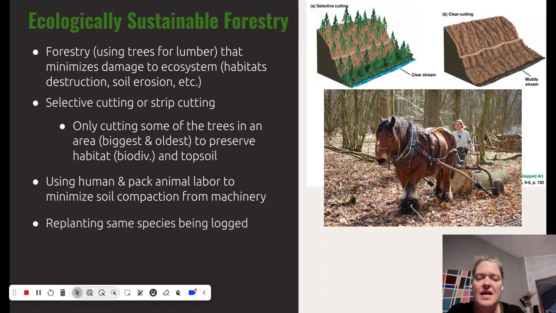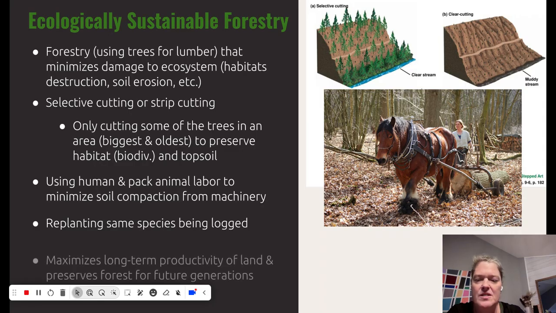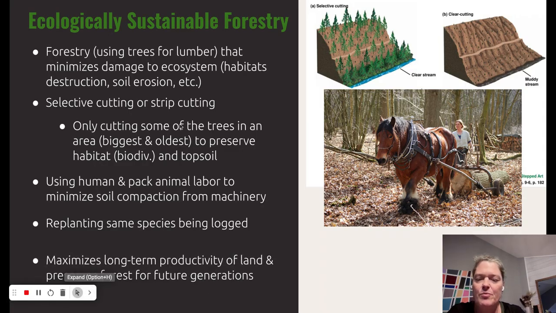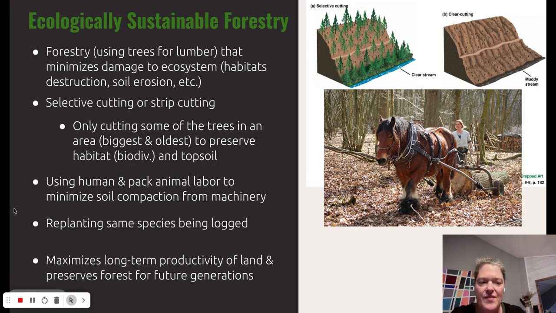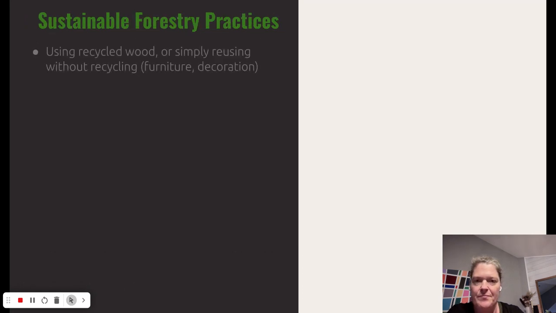Then we replant the same species that's being logged, and this maximizes the long-term productivity of the land and preserves the forest for future generations. So all of that is important for the sustainability and the conservation of the trees in the area.